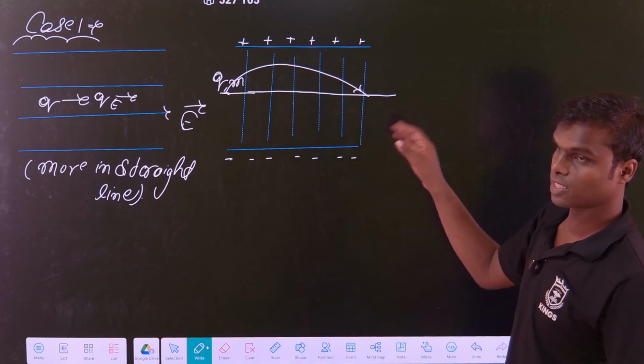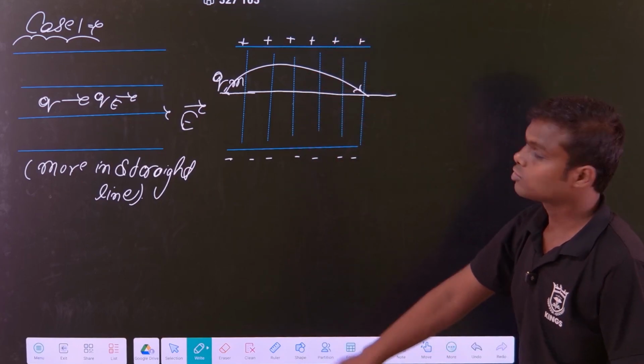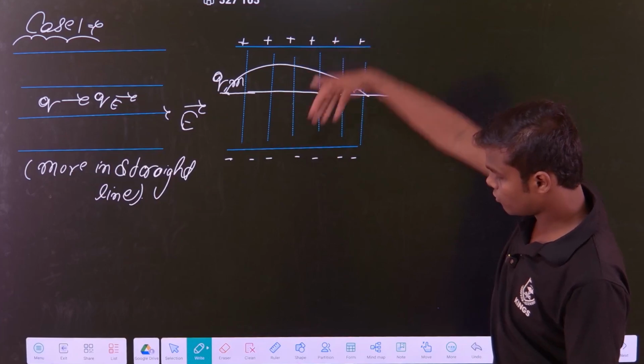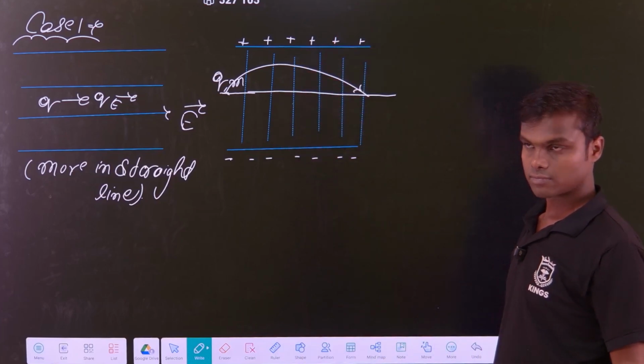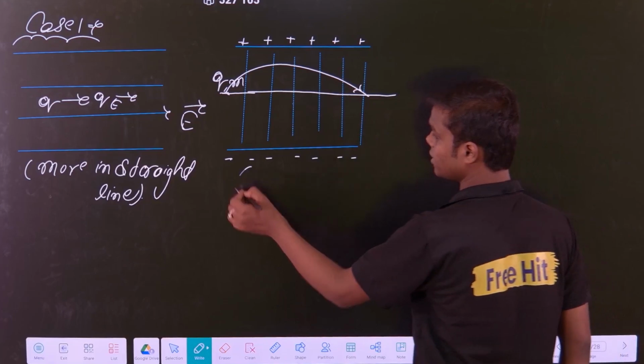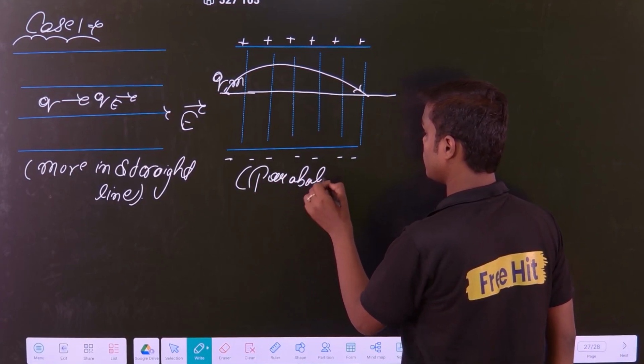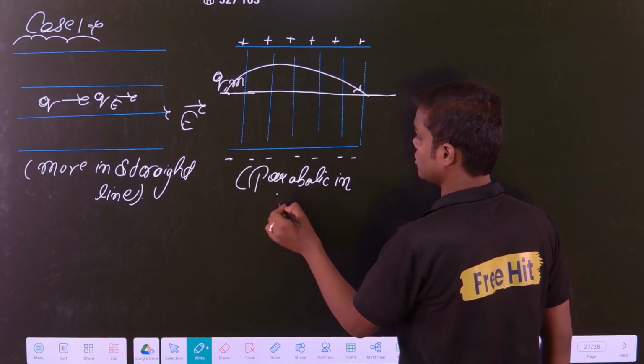It will be a parabolic path, because here you will get the net force in this direction. So if I throw the particle, it will try to move in the downward direction. So the path will be parabolic in nature.